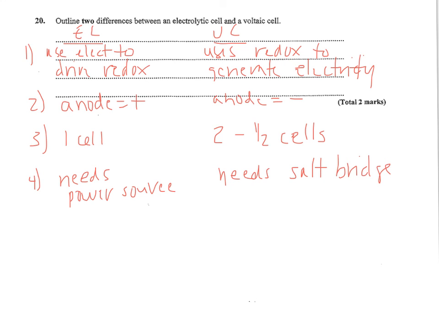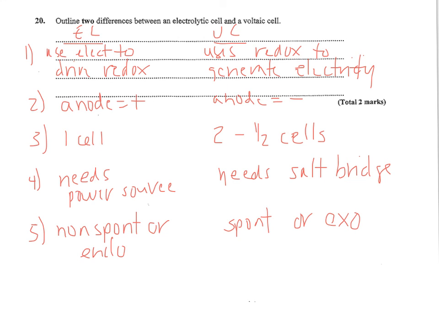They both need an external wire. Another difference is that an electrolytic cell is a non-spontaneous or endothermic reaction, whereas a voltaic cell is a spontaneous or exothermic reaction. And those are the major differences. Which one's which here? Go back there.